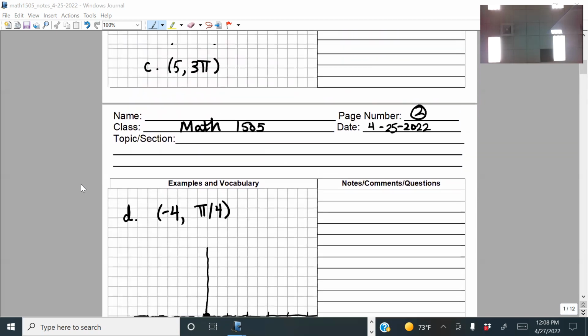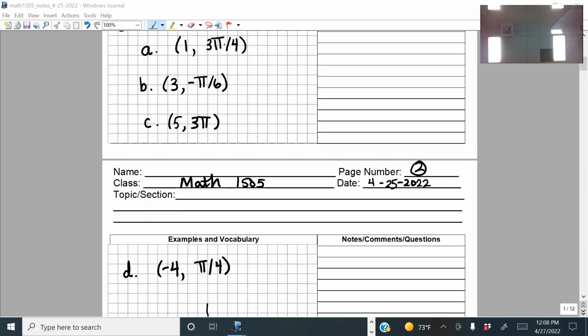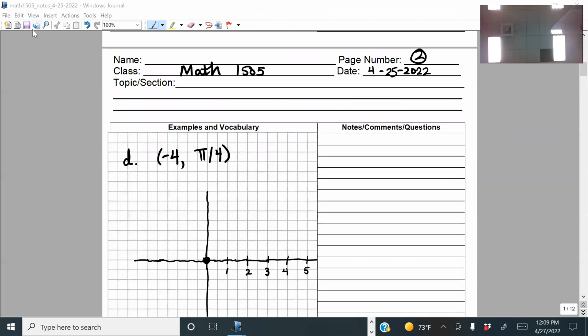All right, now let's see. What point was I supposed to plot there first? 1 and 3 pi over 4. Your angles are going to be given in radians. They're usually not given in degrees in polar coordinates. So you just have to resign yourself to working in radians. So 1 and 3 pi over 4. So where is that point going to be in this picture? So first, that point forms an angle of size what? 3 pi over 4, right?